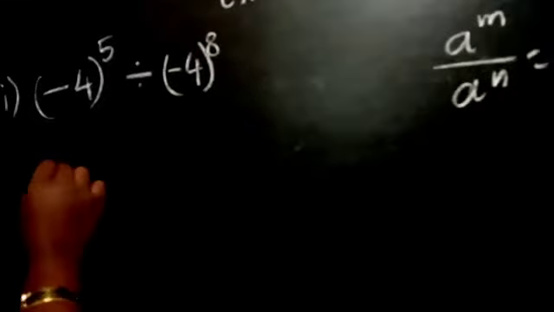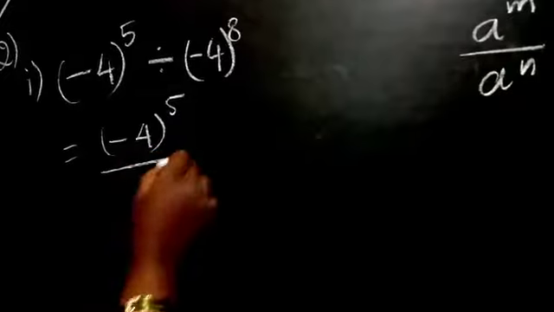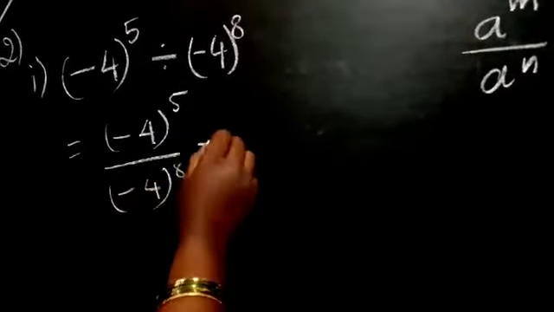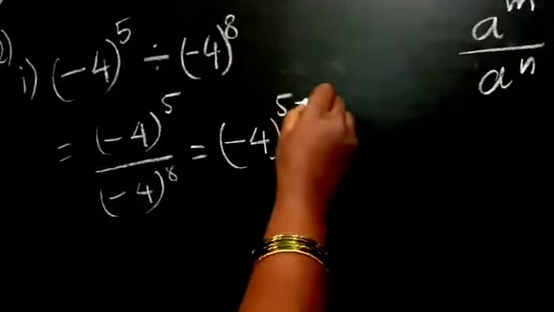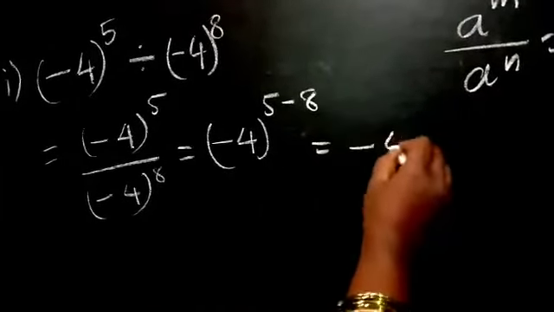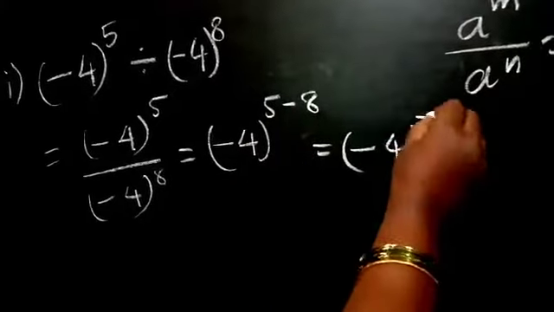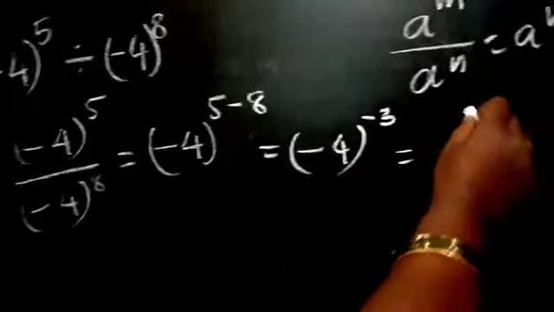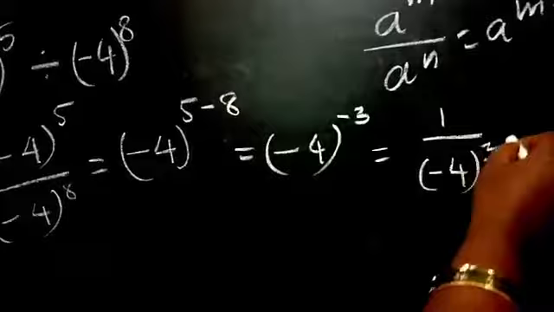We have the same base, so minus 4 to the power of 5 minus 8. So we can write minus 4 to the power of minus 8 plus 5, which is minus 3. So we can write 1 divided by minus 4 to the power of 3.